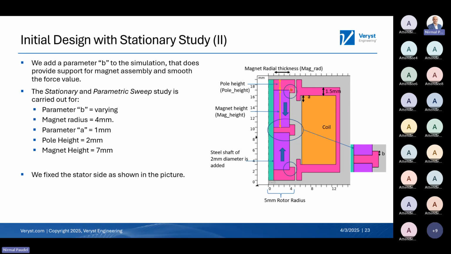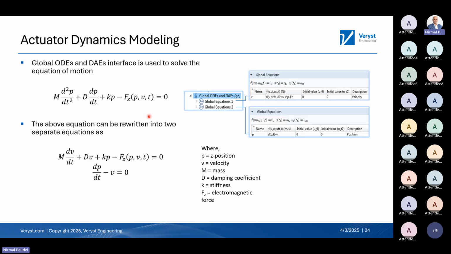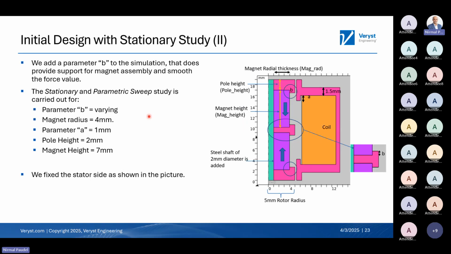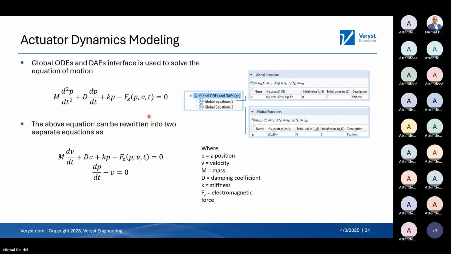So we added parameter B, keeping everything else, and did the parametric sweep again. Those numbers now change to slightly different values once B is introduced. Similarly, we keep doing that until we have some numbers for the force.